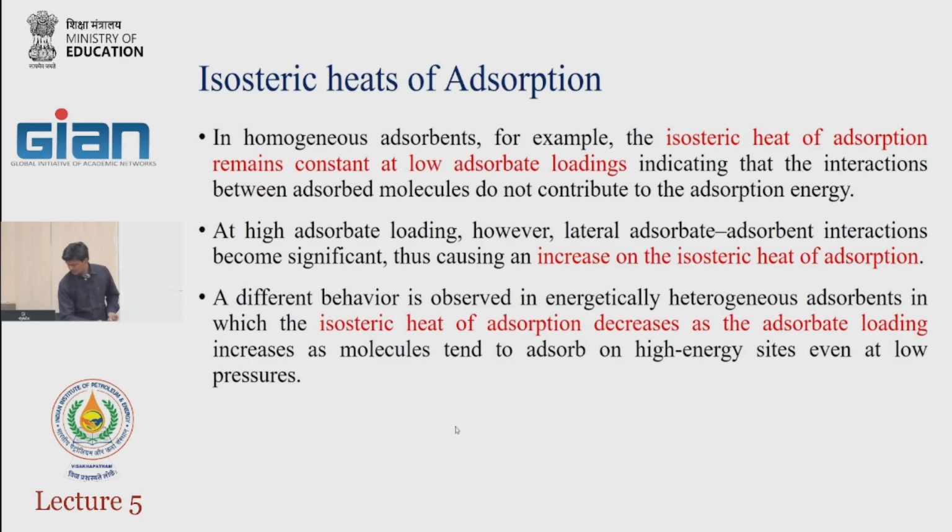So the isosteric heat of adsorption is not the same at all loadings. How do you calculate it? Say we have only one gas molecule adsorbed onto the surface. That is our H1. Then you add one more molecule, calculate H2, and this delta H will give you the value at low loading.